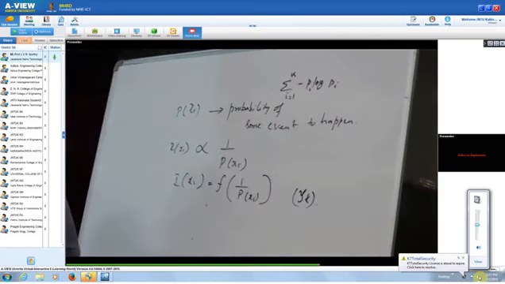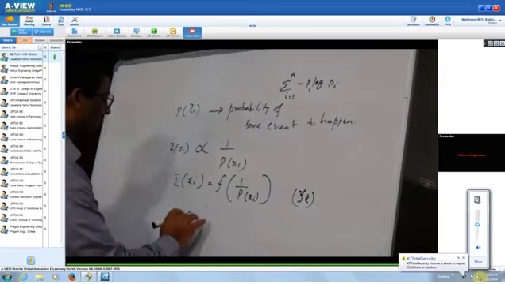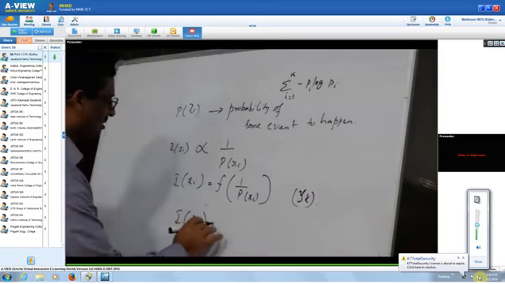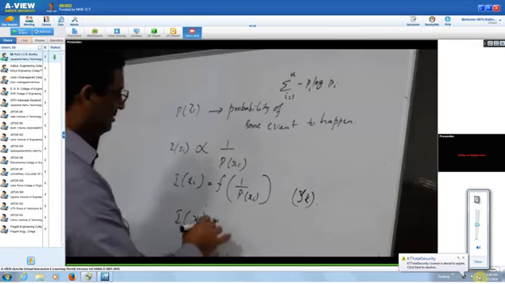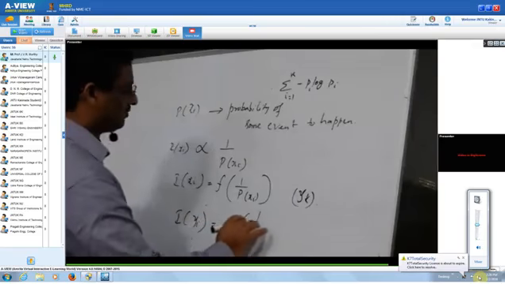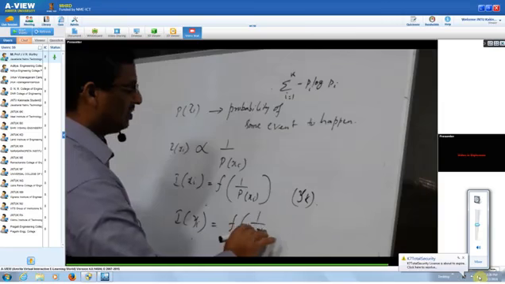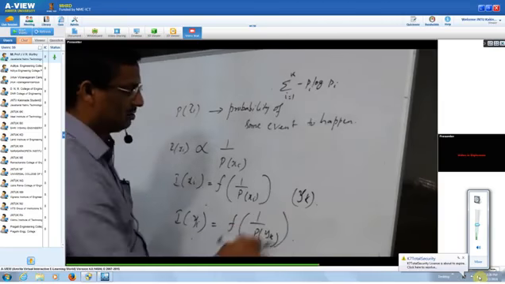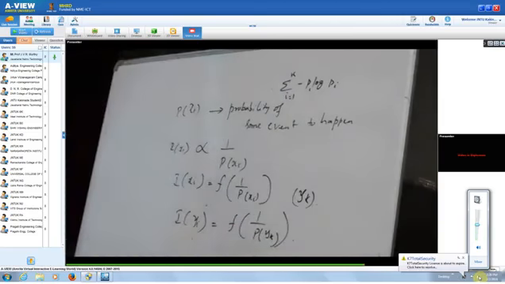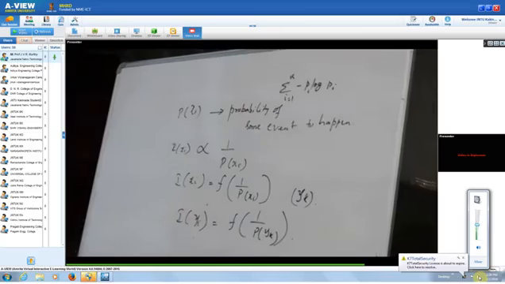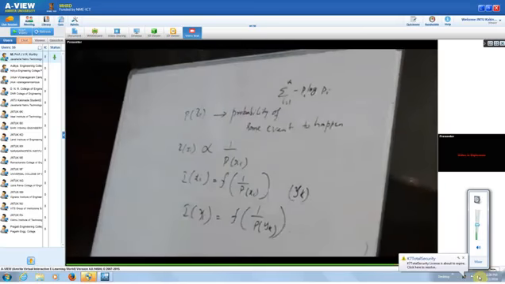Then the information that can be carried out of y, I of yk, is a function of 1 by P of yk, right? Do you agree? yk is another independent event, its probability is P of yk, so the information carried by that is a function of 1 by this.